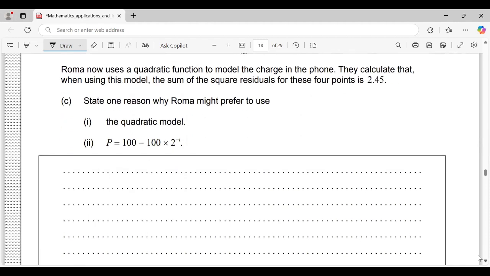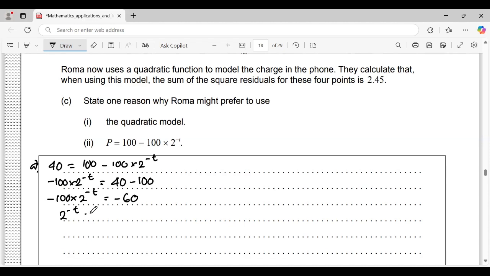So we can write the equation P equals 100 minus 100 times 2 to the power minus T as 40 equals 100 minus 100 times 2 to the power minus T. Or minus 100 times 2 to the power minus T equals 40 minus 100, which is minus 60.